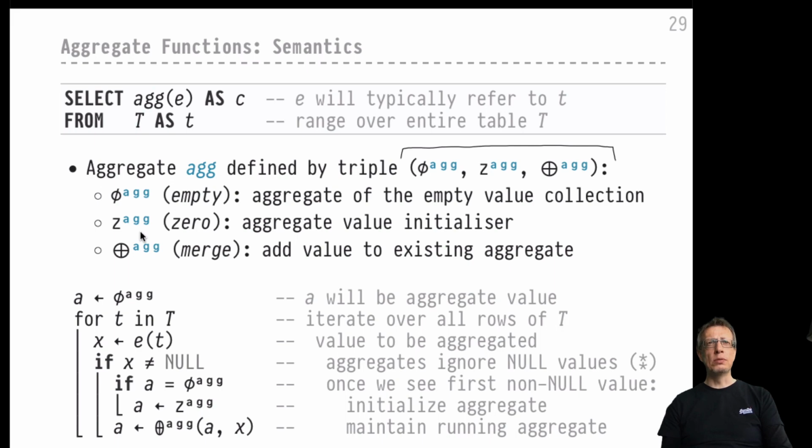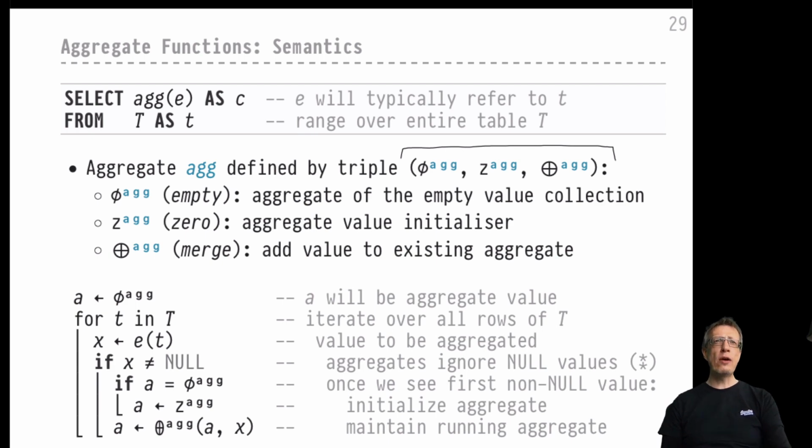Okay. If the collection is non-empty, then there is at least one value to aggregate. Before we start aggregation, we initialize the aggregation result with this aggregate-specific zero value. It's the aggregate value initializer. Then later, when more values come in, when the first, second, third value of the collection that we're aggregating over comes in, we will use the merge function, this plus in a circle, the merge function of the aggregate, to take the current aggregate value, maybe it's the zero, the initializer, add the new value that we've just seen to that aggregate value, and save that as an intermediate result.